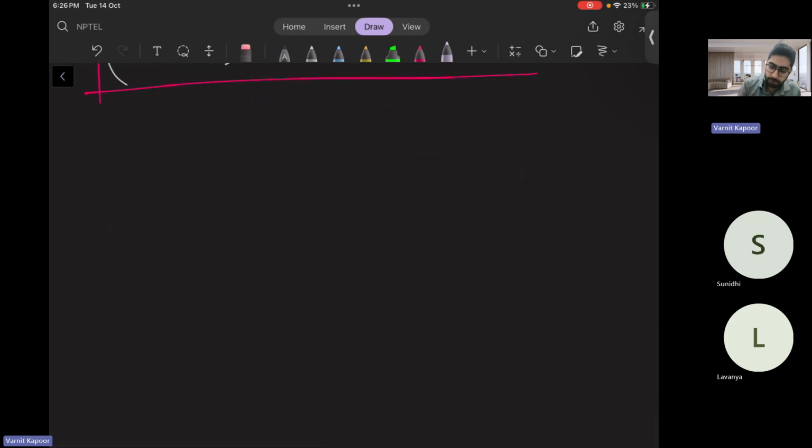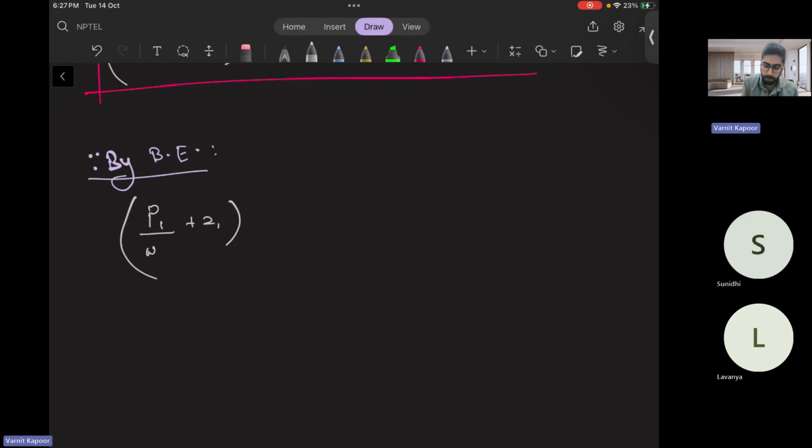By Bernoulli's equation, we have seen that P1 by W plus Z1 minus P2 by W plus Z2 was nothing but your head loss. This head loss can be written in terms of friction factor and friction coefficient.